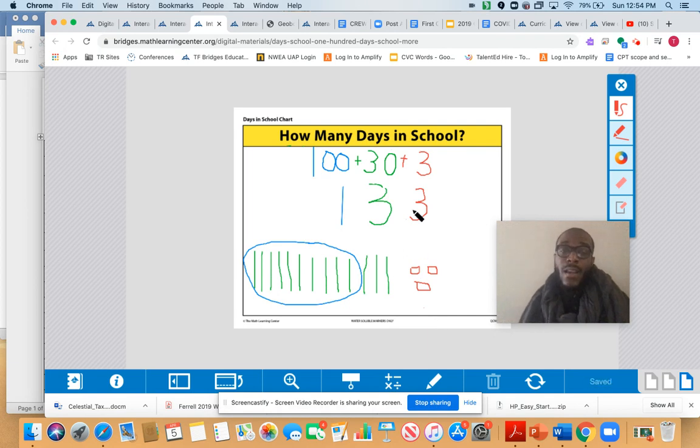133. I want you to think about what is another way you can write 133 in expanded form. That's right. If you said you can write it like this, 100. And we can think about what 2 numbers can make 100.